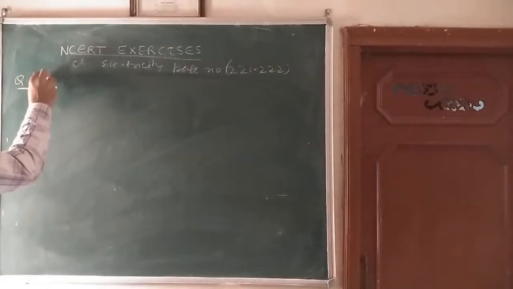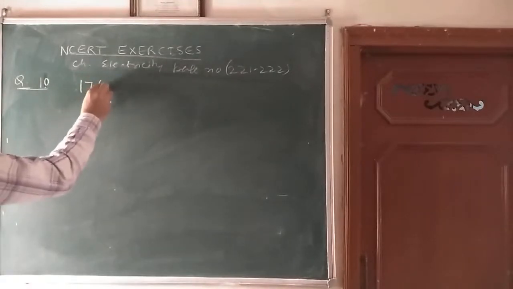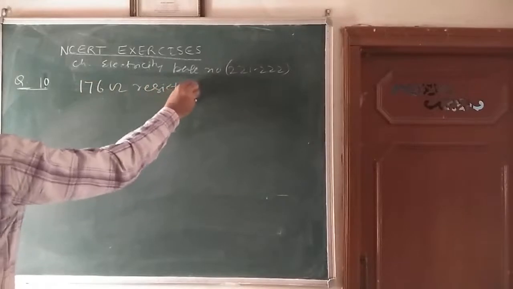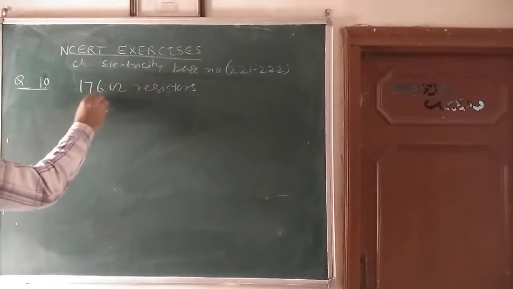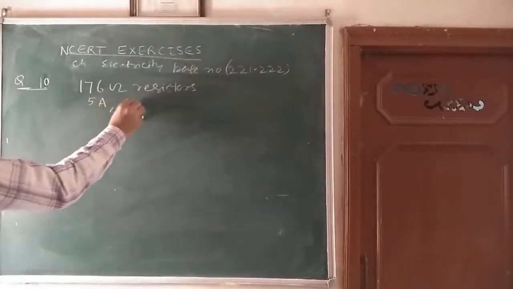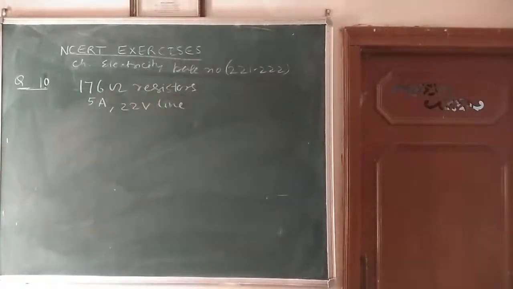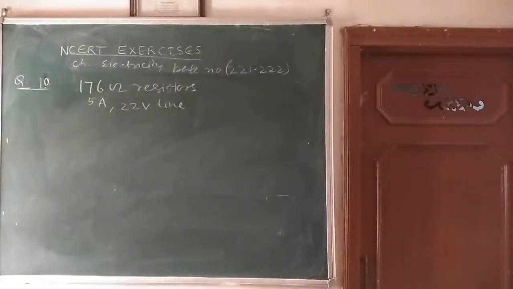Now we take here question number 10. Read it. How many 176 ohm resistors in parallel are required to carry 5 ampere on a 220 volt line? This is our problem. 176 ohm resistors.